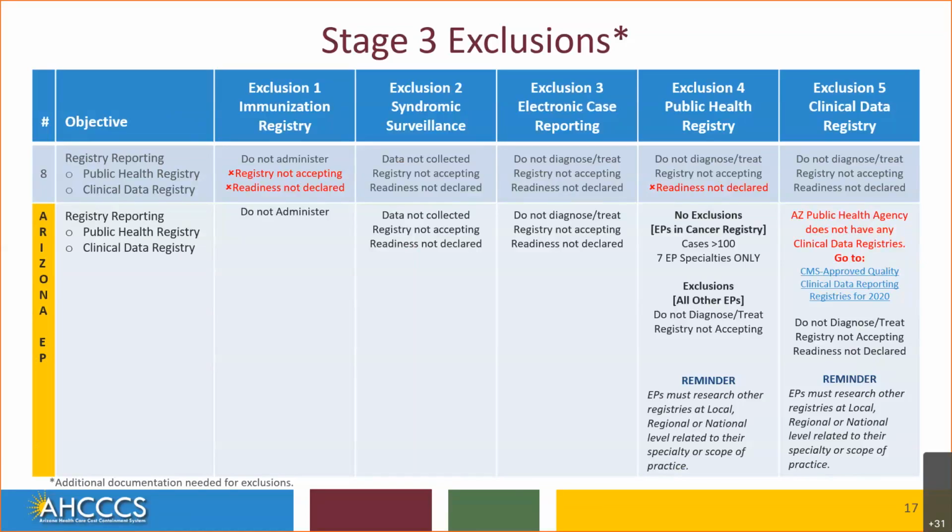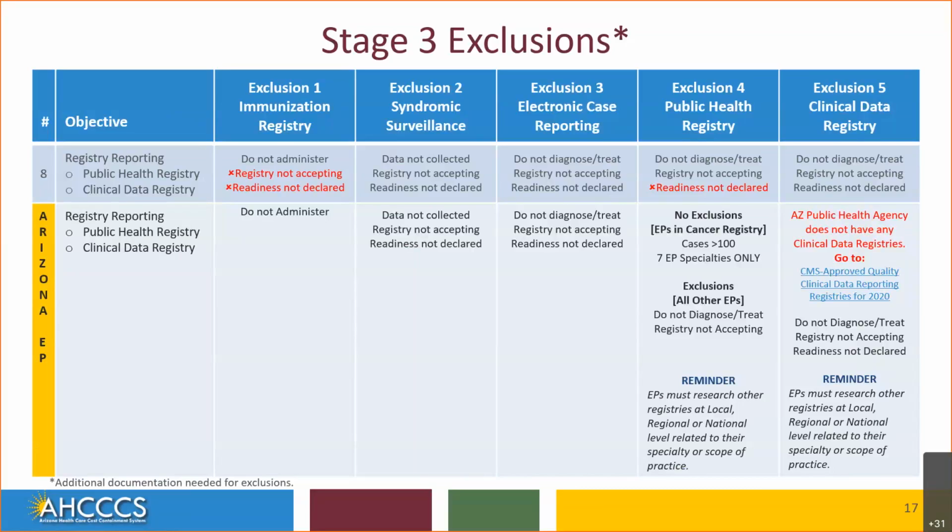A reminder, EPs must research other registries at local, regional, or national level related to their specialty or scope of practice. So the EPs in the state of Arizona can't just look in the state of Arizona for public health and clinical data registries. They need to go and search broader and try to find a registry to submit data to before they're able to meet the exclusion requirements.